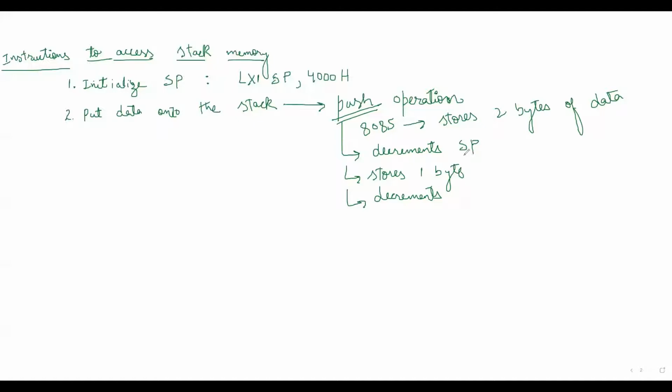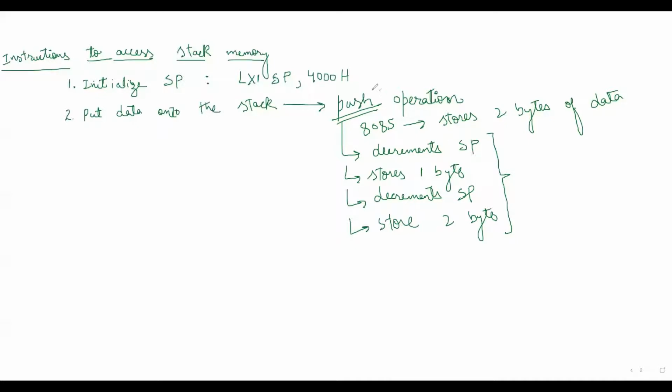Since the stack pointer points to a memory location, at that location we store only 1 byte. Then we again decrement the stack pointer and store the 2nd byte. This is what happens inside a push operation.